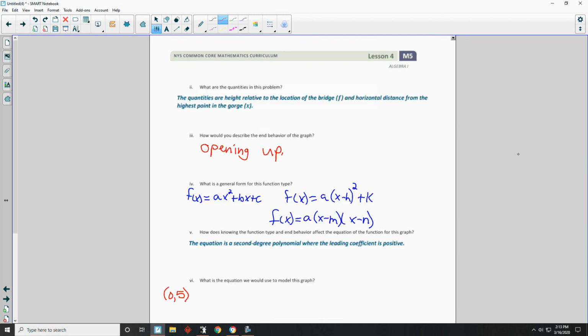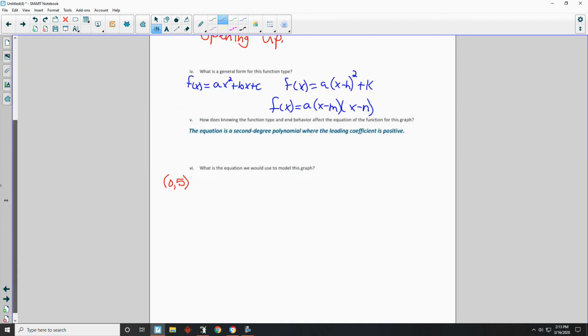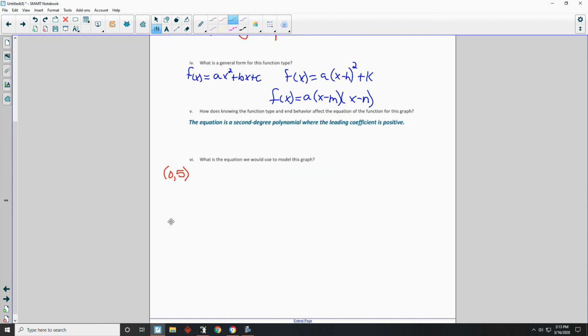So instead of going back and forth, I'm just going to write these down right now. Those are the 3 points we are given.